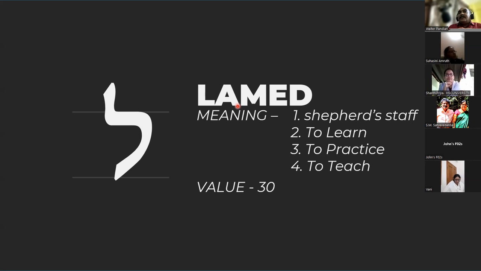So what does Lamed want to teach us? It teaches how a shepherd should be. When it says shepherd's staff, it indicates a shepherd. A shepherd should have three qualities.